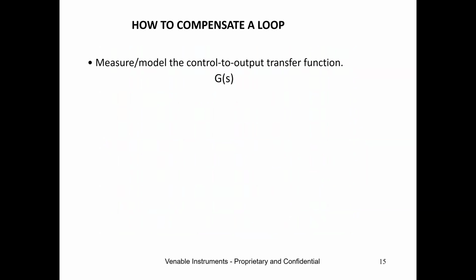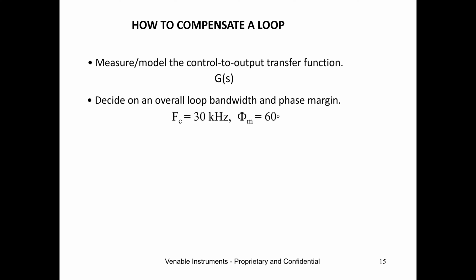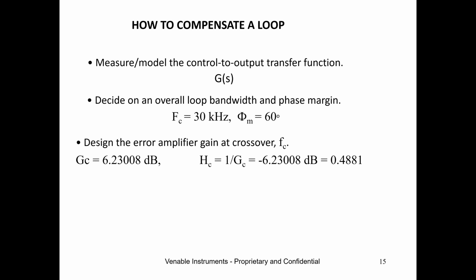And here's the methodology for doing loop design. So that's what we're doing right now, is measuring the control to output transfer function, or the power stage or the modulator, whatever you want to call it. And I decide on a loop bandwidth, the crossover point, and what we want the phase margin to be at that crossover point. And the gain's pretty easy to calculate there.